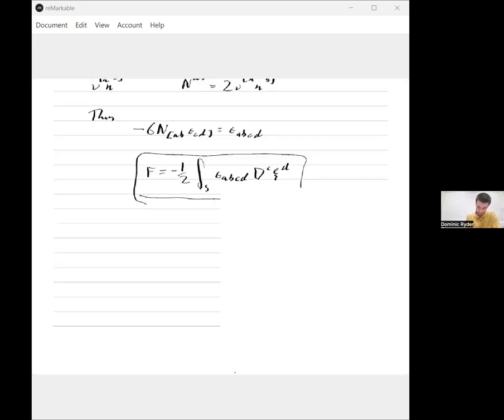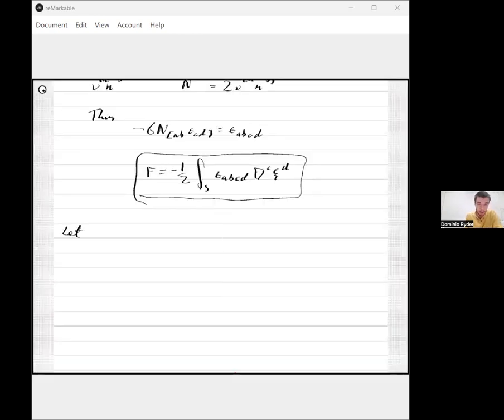So let S be entirely in the vacuum region of our space-time, then R_AB is equal to 0 by Einstein's equation. We've used Einstein's equation.